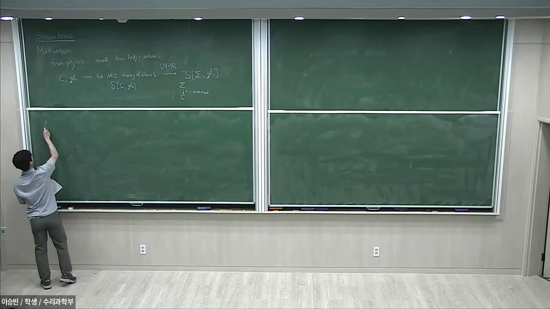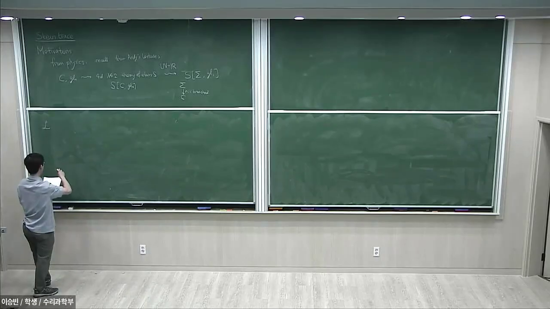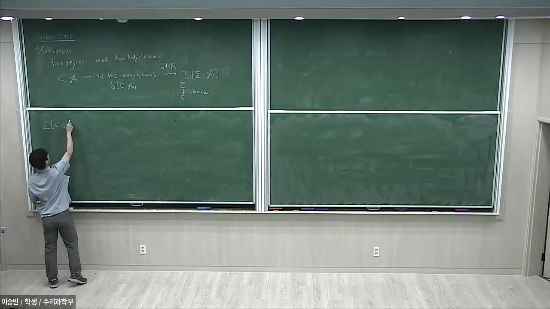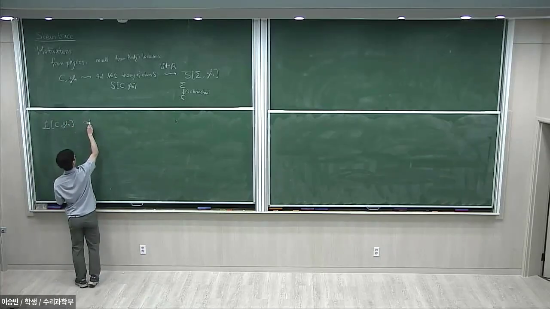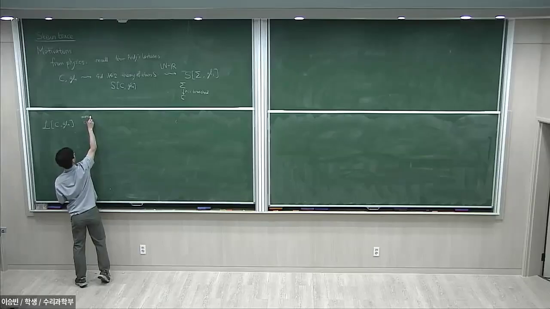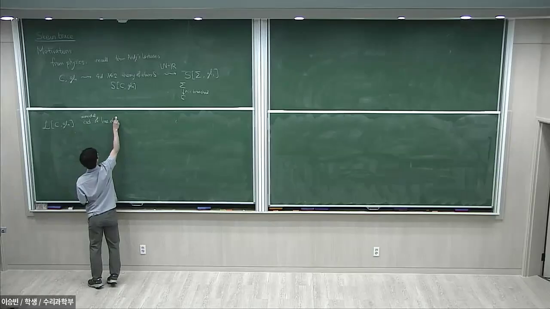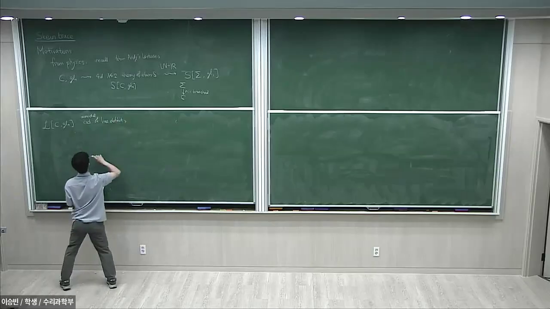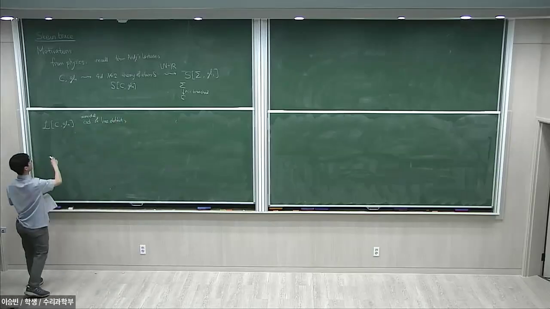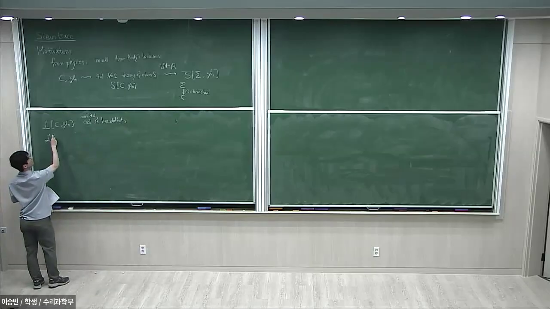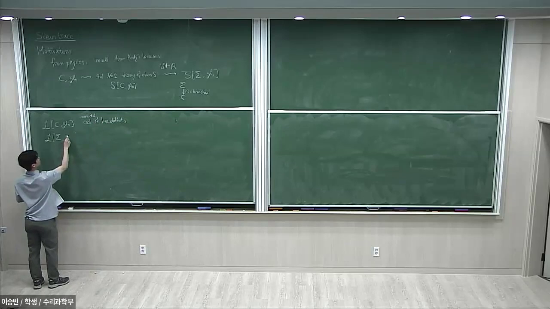So let me denote by this curly L the monoidal category of line defects in that theory, and likewise for the theory in the IR.